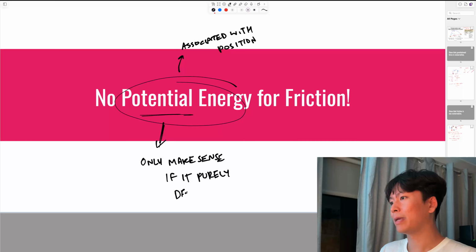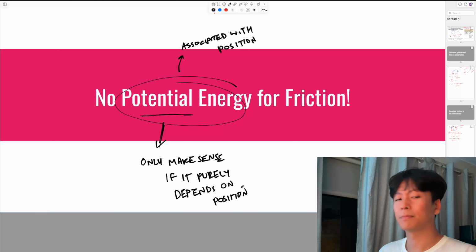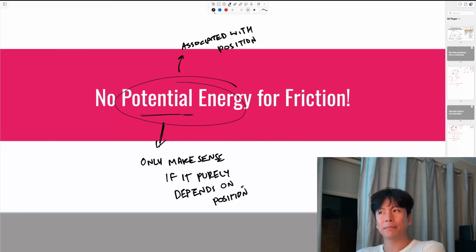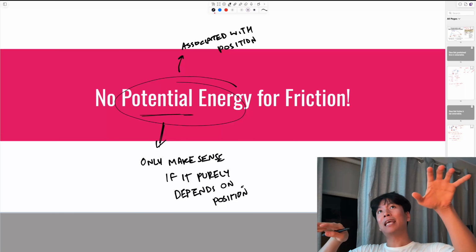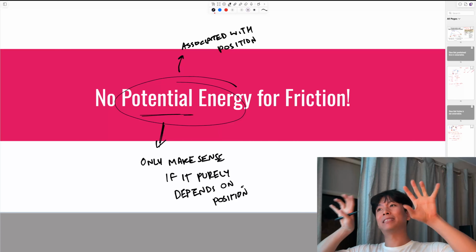So potential energy only makes sense if it purely depends on the position. And so that means that a different position or different location has a unique number of potential energy, right?